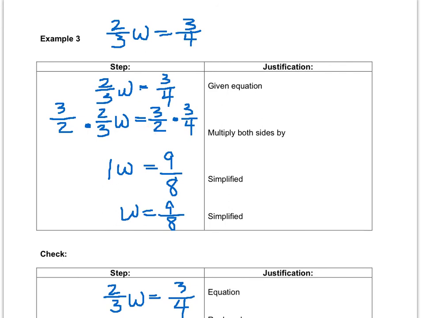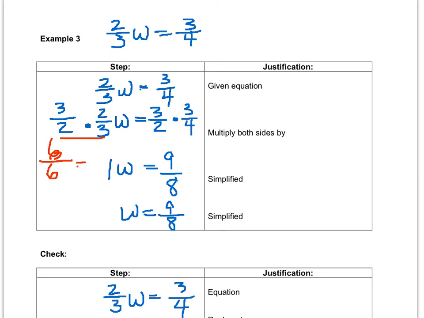Recall also that the product of a fraction and its reciprocal is 1. We can prove that right here by multiplying these two fractions. 3 times 2 is 6. 2 times 3 is 6. 6 over 6 equals 1.